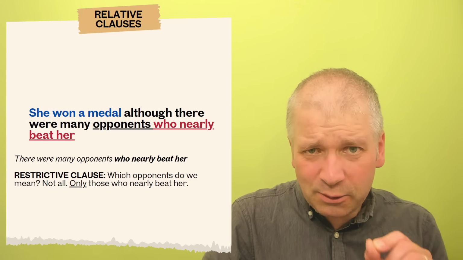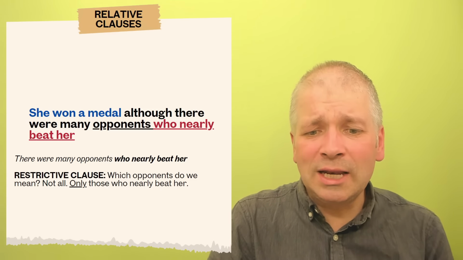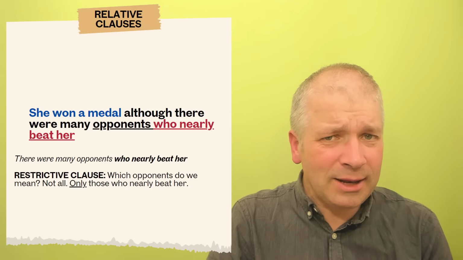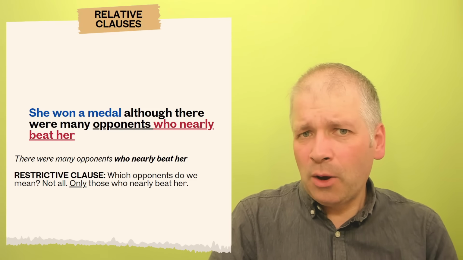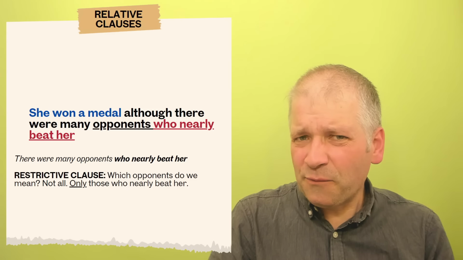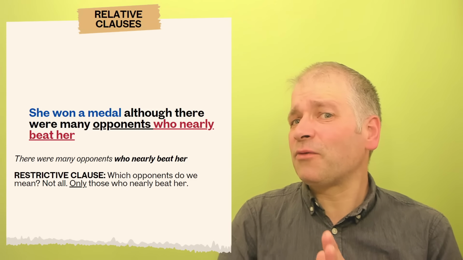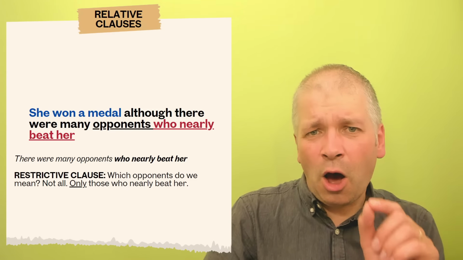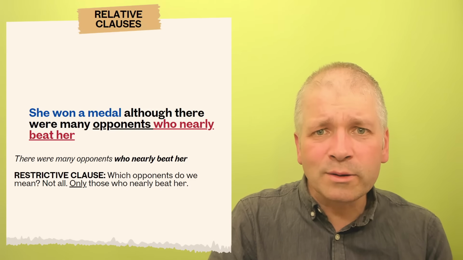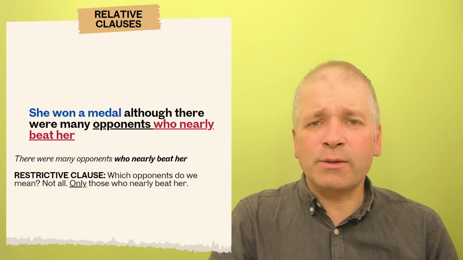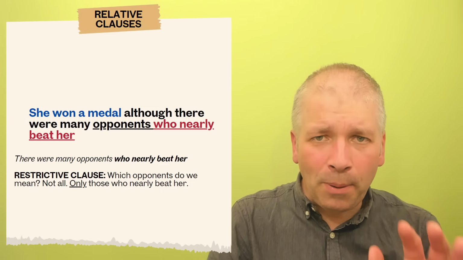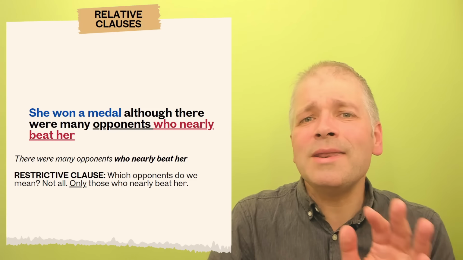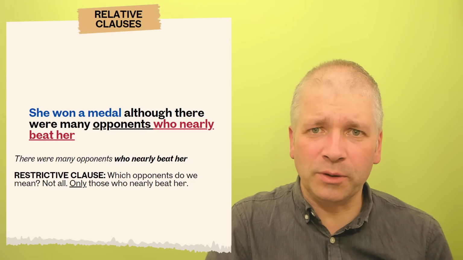And we need the extra information, who nearly beat her, to understand what we mean by opponents. There were many opponents. Some of them nearly beat her and some of them didn't. In this sentence, we're only focused on the ones who nearly beat her. So this is restrictive. It restricts the meaning of opponents to only a smaller number of the total opponents.